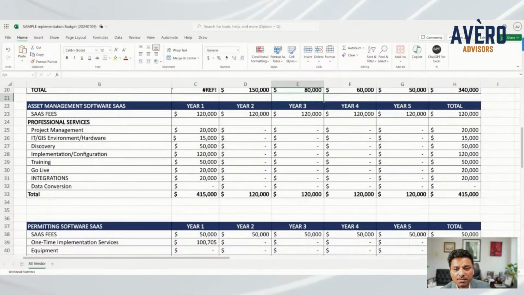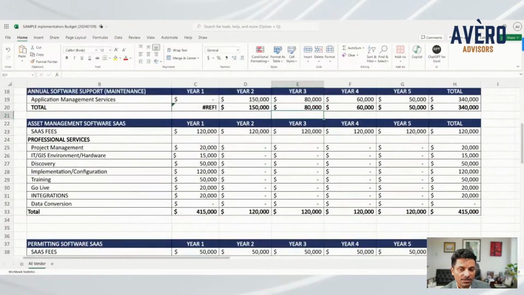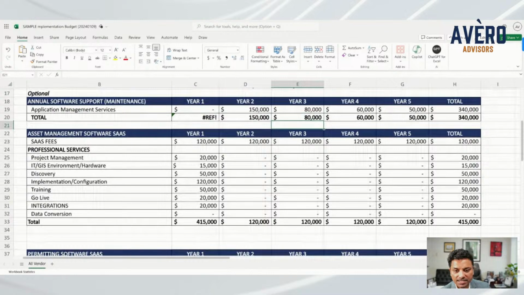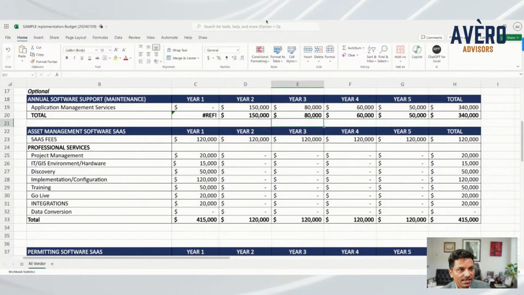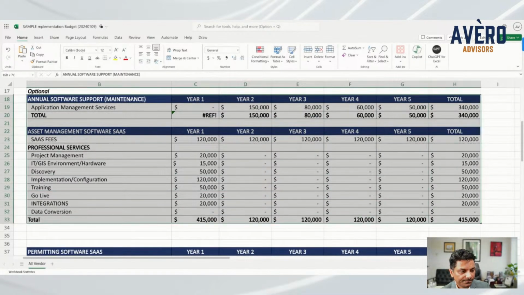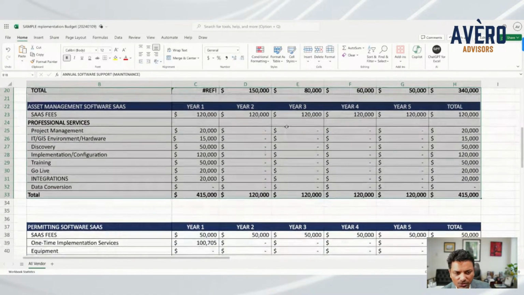Then you might have another vendor that's offering, let's say, asset management. Even within that, you will have your SaaS fees, your implementation fees, professional services, integrating with your GIS, integrations, data conversion, and that's another vendor that you have to take account of and include in your TCO.